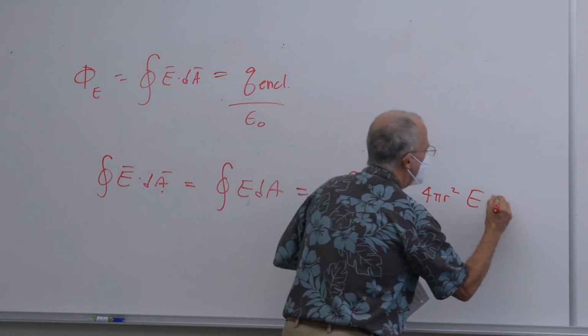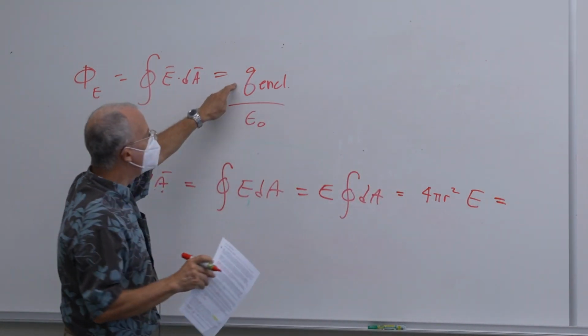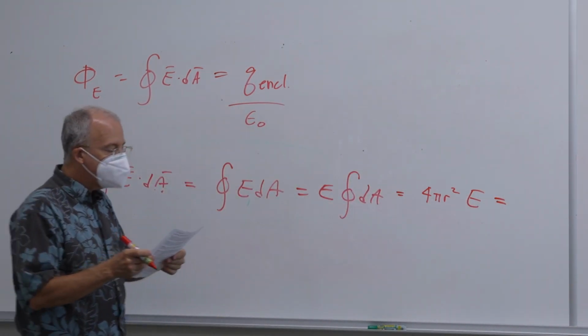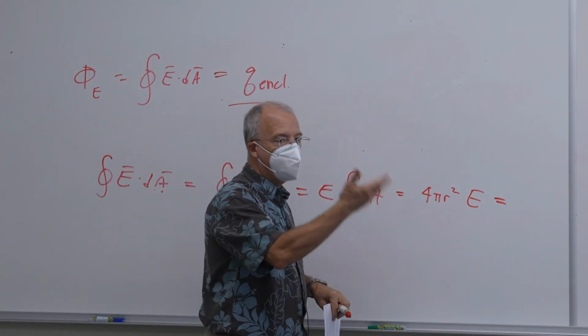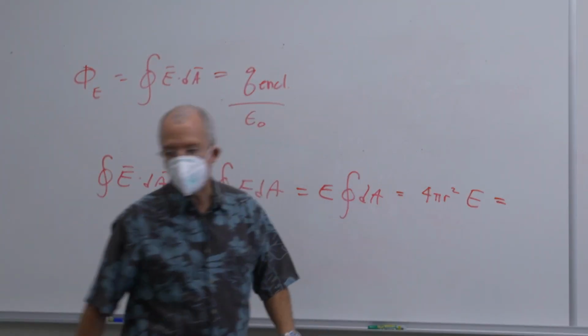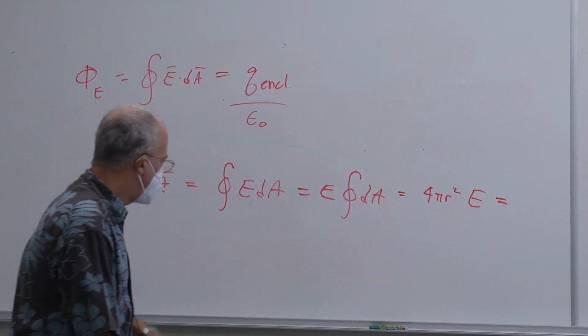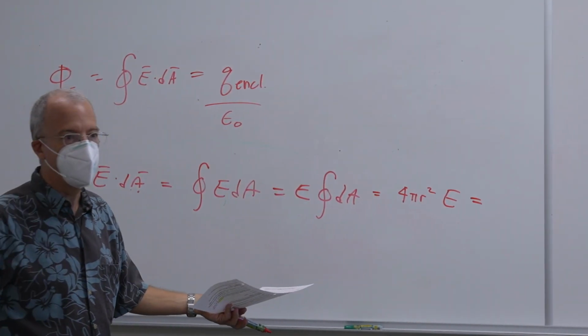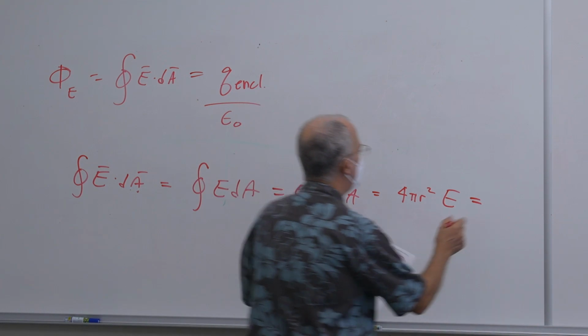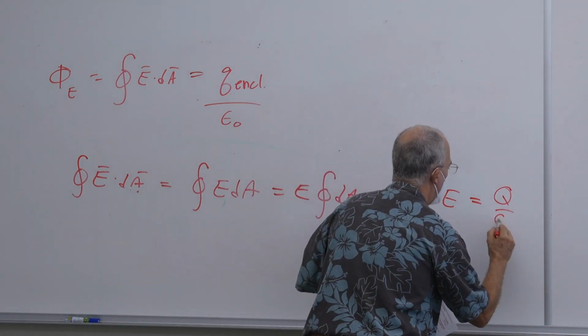Now this has to be equal to Q enclosed over epsilon 0, right? According to Mr. Gauss. Well, what was Q enclosed? Just Q. So that's equal to Q over epsilon 0.